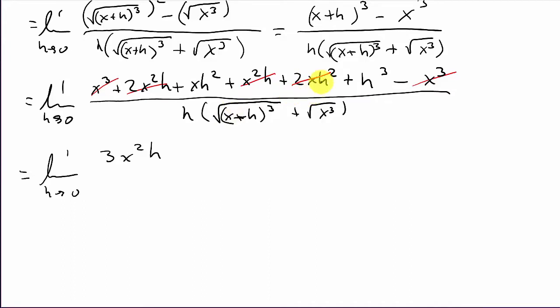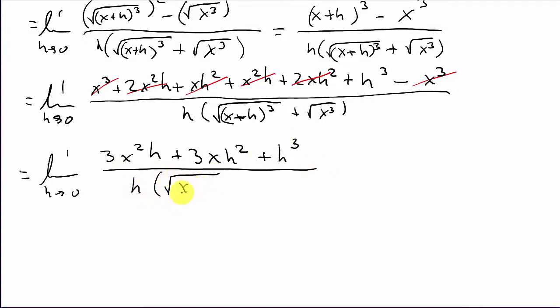Now we can combine the xh squared and the 2xh squared, so that's plus 3xh squared. And then we've got plus h cubed, all over h times the square root of x plus h cubed plus the square root of x cubed.